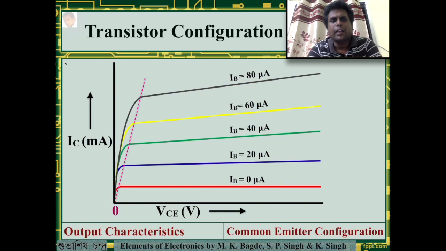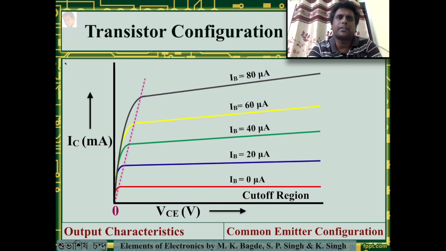The curves are almost of similar character as in the previous case, but they have a slight slope. This can also be divided into three particular regions. Where both the PN junctions are cut off is the cutoff region or the off region.